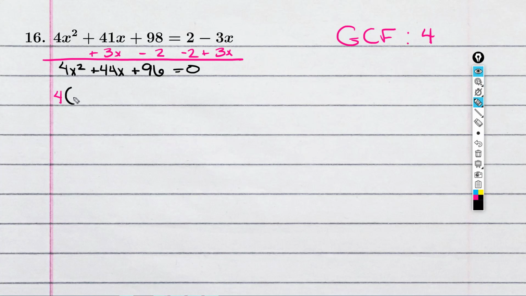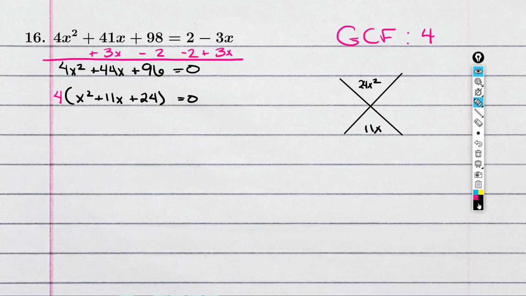And so 4x squared divided by 4 is x squared. 44 divided by 4 is 11x. And 96 divided by 4 is 24. And so we need to do an x next. And so we have 24x squared and a positive 11x.